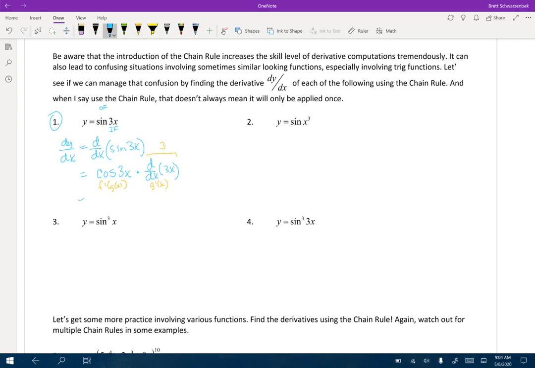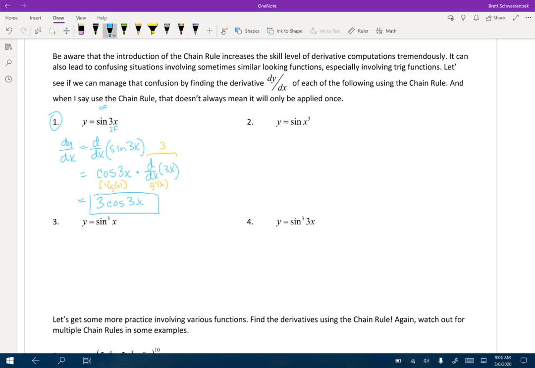So if we were to combine this, the 3 would go to the front, and this would be 3 cosine 3x as the derivative of this function. So again, what do we always do? We do the derivative of the outer function with the inner function coming along for the ride, times the derivative of the inner function. That is the process that you must follow in every chain rule step.